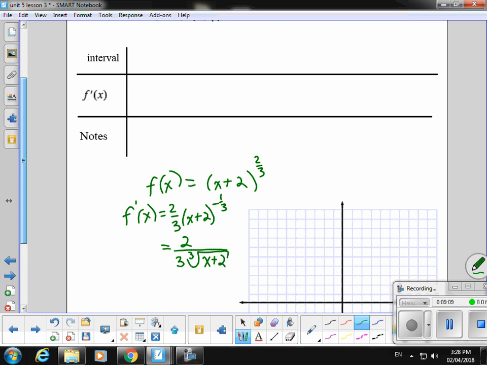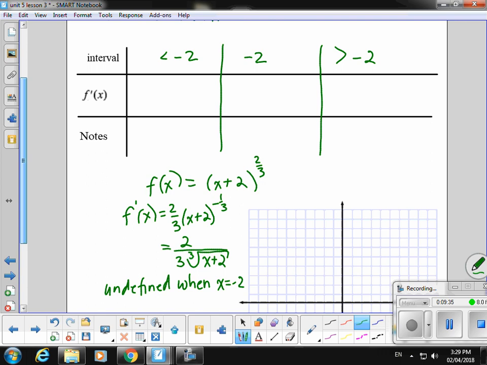So we can't have a 0 on the bottom. So this will never be equal to 0, but f prime x is undefined when x is negative 2. So that is a critical point, and the only critical point. So we want to look to the left, and we want to look to the right and see what's going on. So my derivative is undefined here.